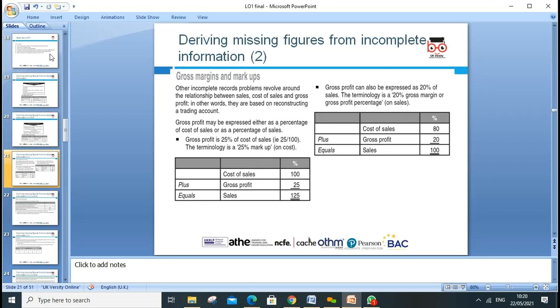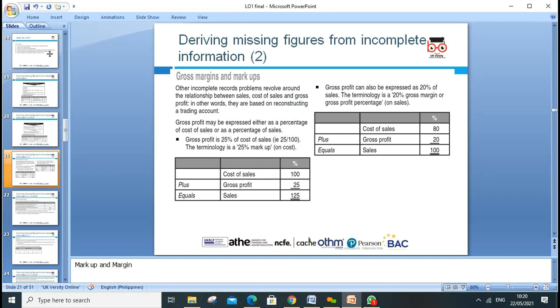Okay, then we have incomplete records. Do we know what is meant by gross profit, markup and margin? Okay, do we know the difference between markup and margin?